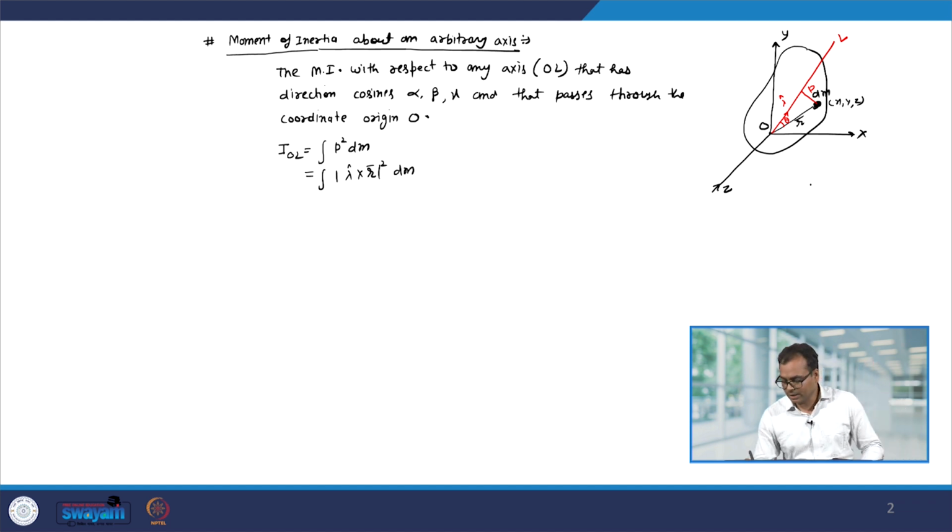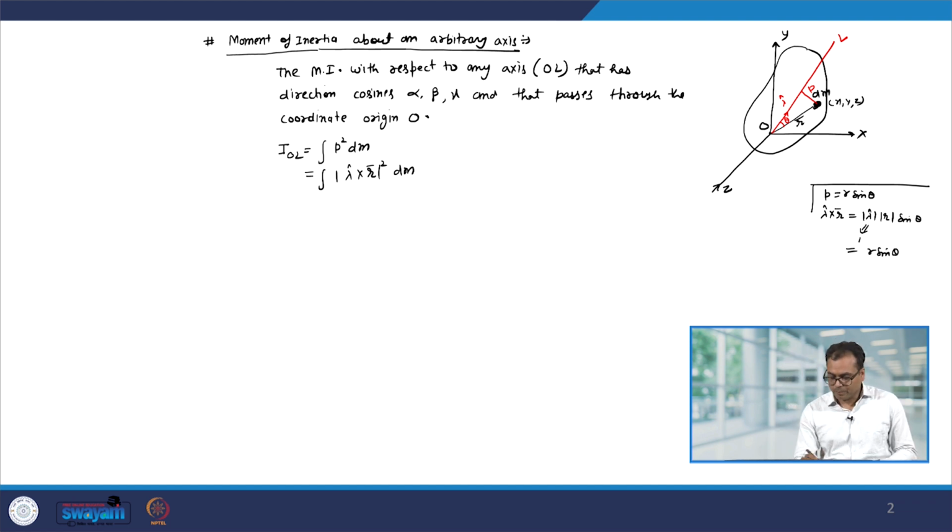You can see it clearly because again from the geometry my p will be r sin theta and lambda cross r will also be r sin theta because lambda cap cross vector r is lambda cap, r and then sin of the angle between them, and lambda cap is a unit vector. So, we again get r sin theta.